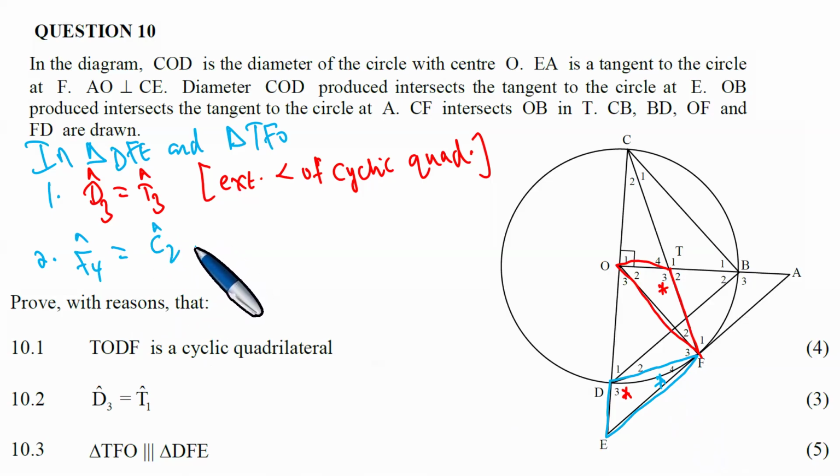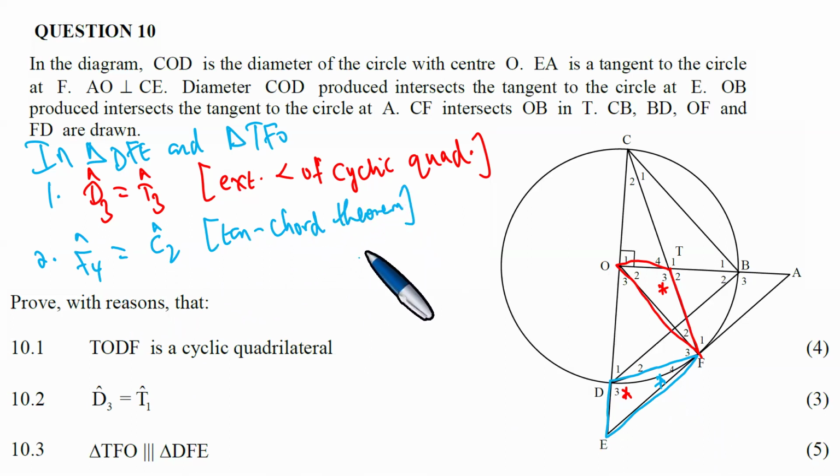Tan-chord theorem. So F4 is equal to what? Is equal to C2 by the tan-chord theorem. That is clear.